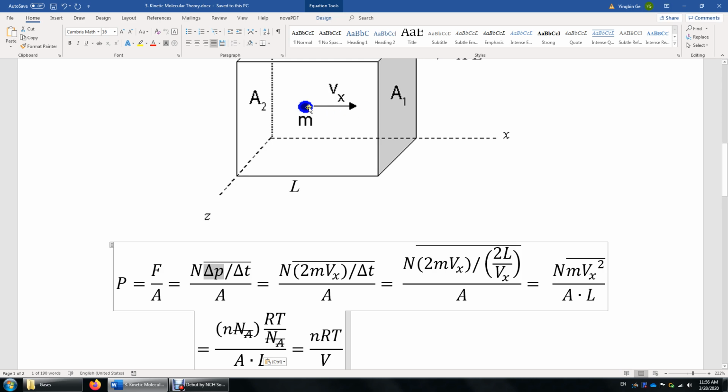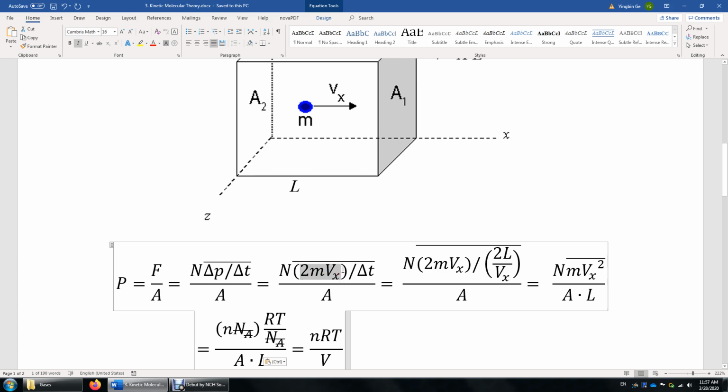So if the particle moves at vx speed toward A1, after the collision, the particle will again move at this vx speed in the opposite direction. Therefore, the change of the velocity of the particle is actually 2 times vx, and the momentum change is 2 times m times vx. Therefore, delta p is 2 times the mass times vx.